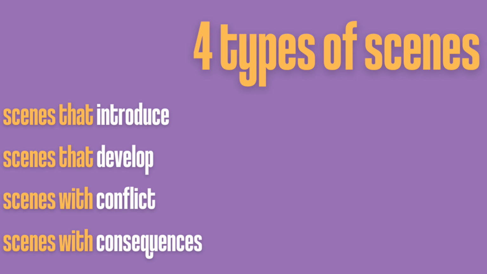So now, here are the 4 types of scenes you are most likely going to run into in the course of writing whatever the hell it is you're writing. You will have scenes that introduce stuff that the reader doesn't know until they read the thing. You will have scenes that develop information that they already know, but now they're getting more clarification on. We introduced it already, now we're going to add to it. We're developing it.